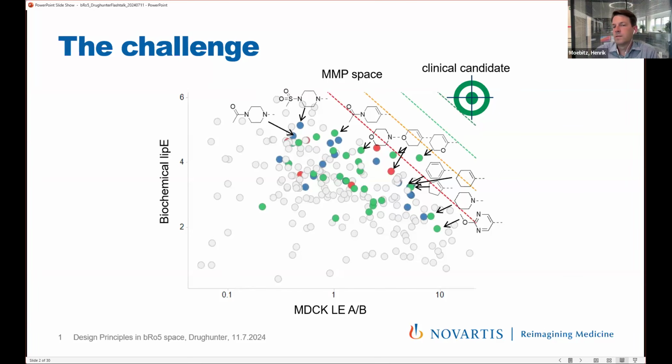And the question was, how can we ever get to the top right if all we do by balancing polarity and permeability is moving across the cross-diagonal line? Actually, as we will see in a few slides, most of the compounds, I don't know, can I get the laser pointer to work?